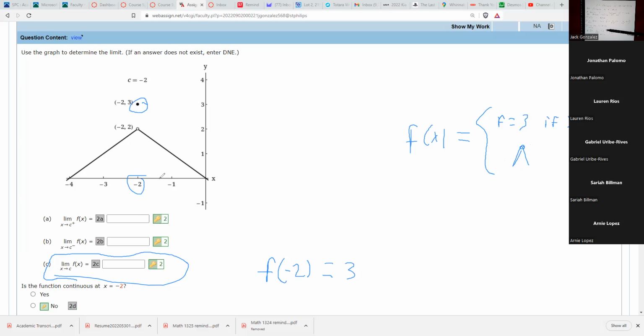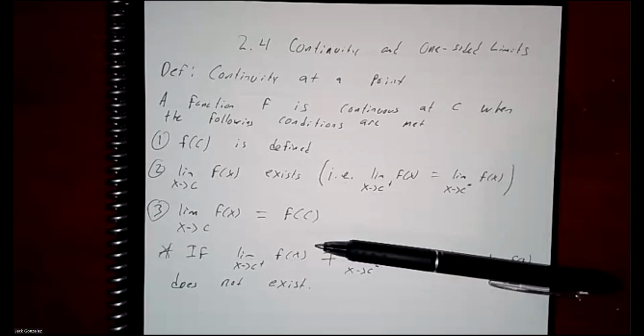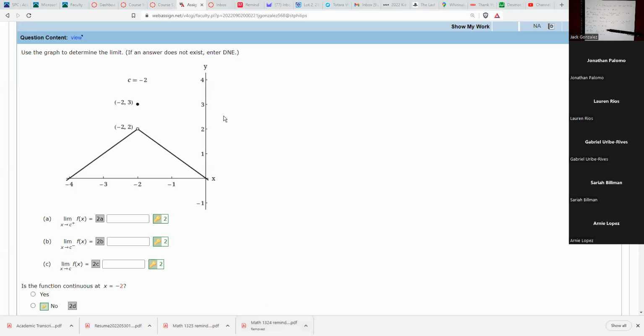You're probably going to have 3 equations, but that doesn't matter. Just know that the function output is not 2, it's 3, but the limit is 2. They're not the same, therefore not continuous there. So that's the theory behind it. Does that make sense to everyone?